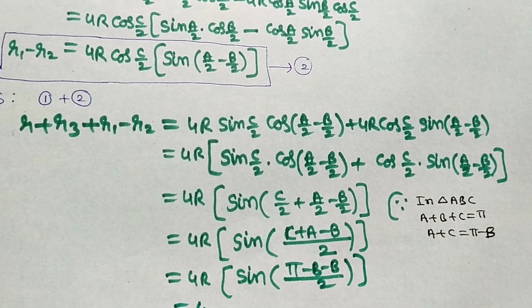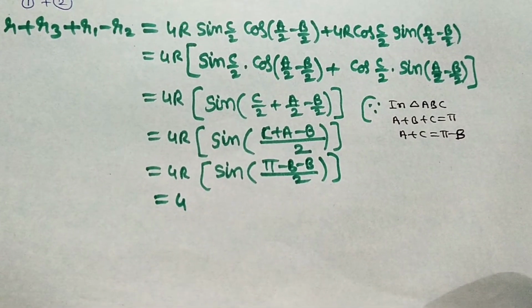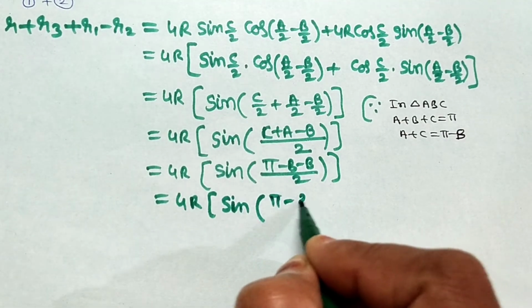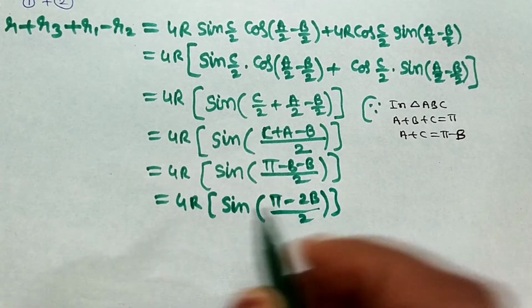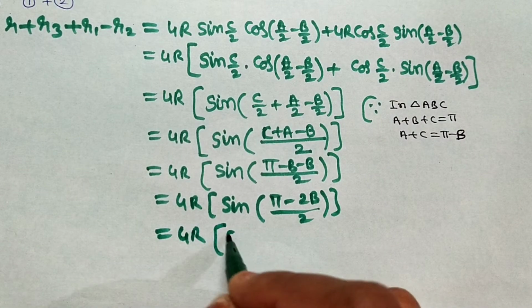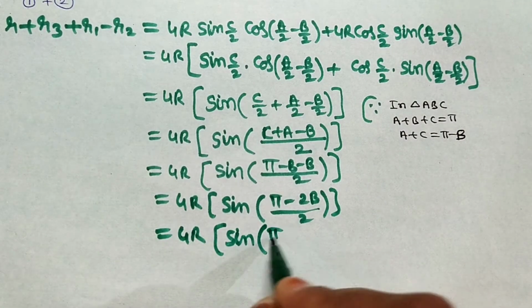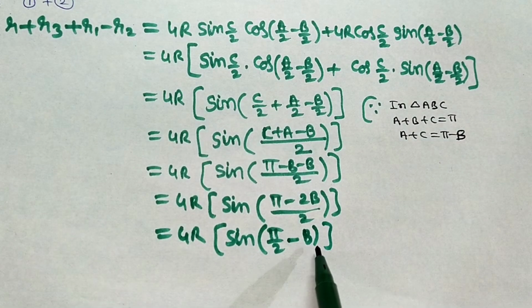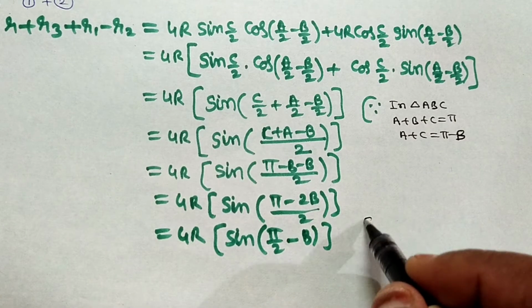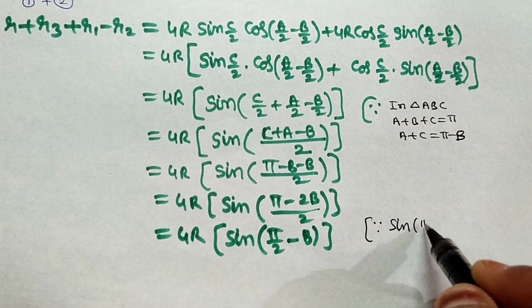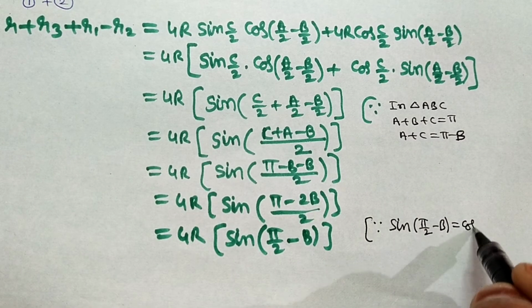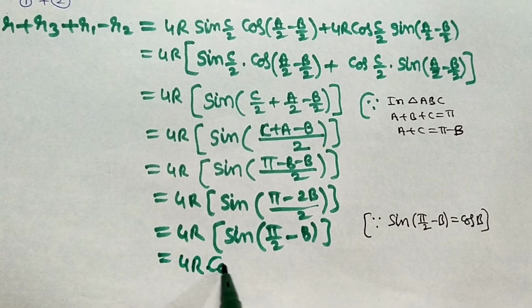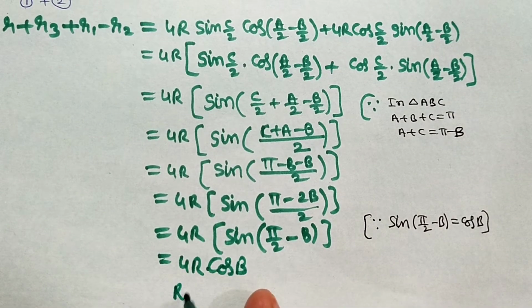Which is equal to 4R into sine of (pi minus 2B) divided by 2, which is equal to 4R into sine of (pi by 2 minus B), since 2B by 2 means B. Sine of pi by 2 minus theta is cos theta, so sine of pi by 2 minus B equals cos B. Therefore, 4R into cos B, which is the required RHS.